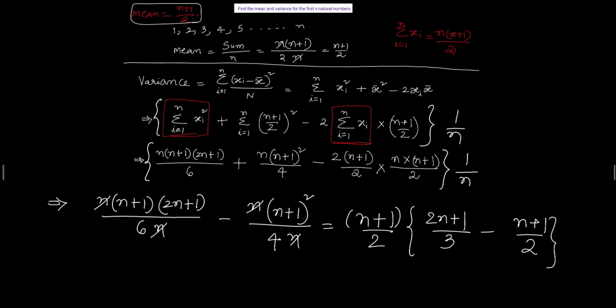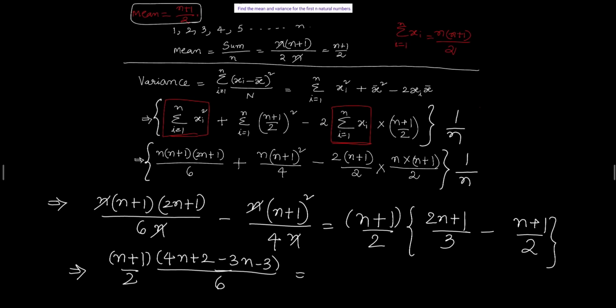Let us simplify this. When we simplify, we will have n plus 1 by 2 into 2 into 2n plus 1, that is 4n plus 2, then minus 3 into n plus 1, that is minus 3n minus 3, divided by 6. Simplify this.